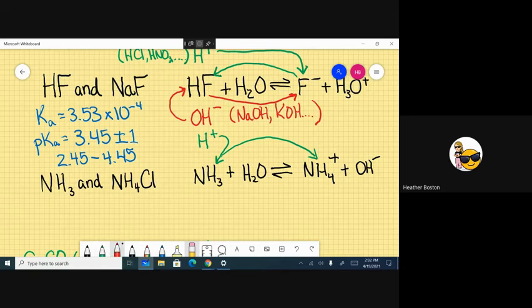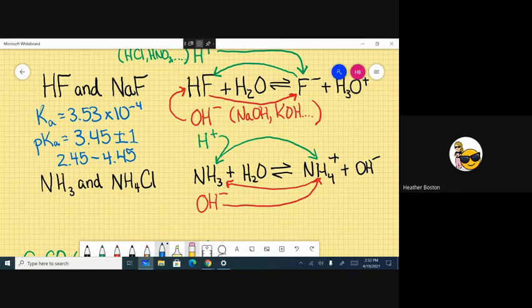If I add OH minus in the form of a strong base, he is going to seek out the weak acid and pluck off that H plus to form more water. And then he will leave behind more weak base. This is how buffer systems work.